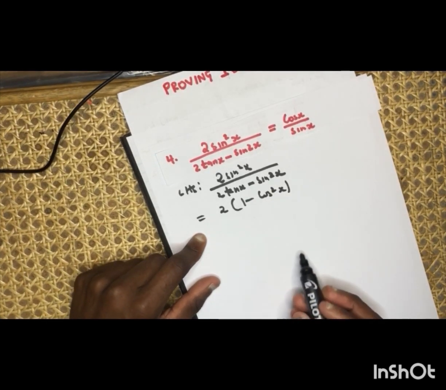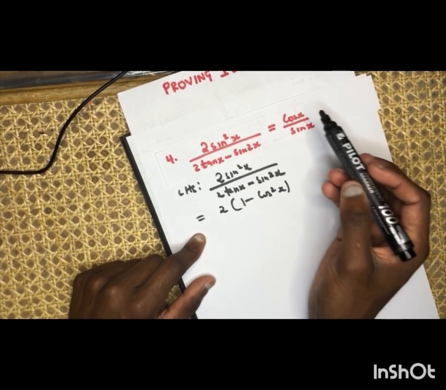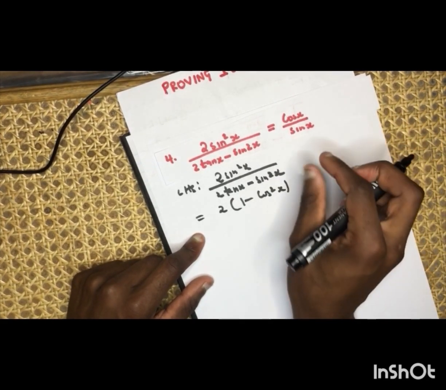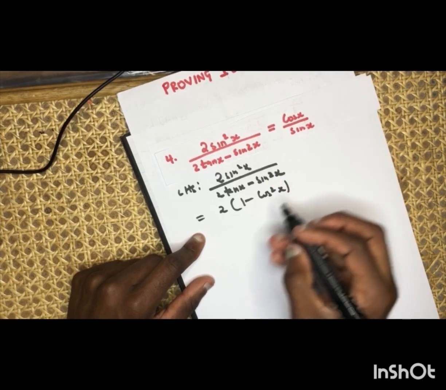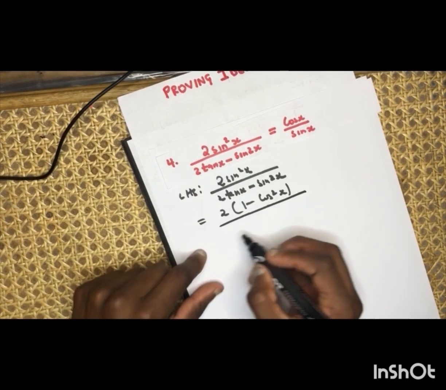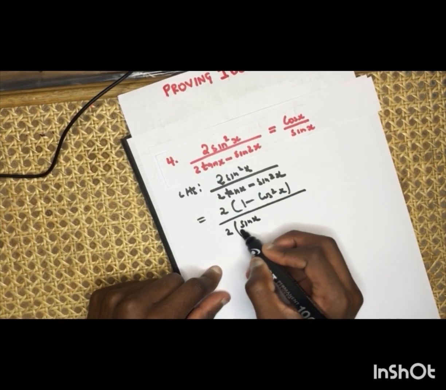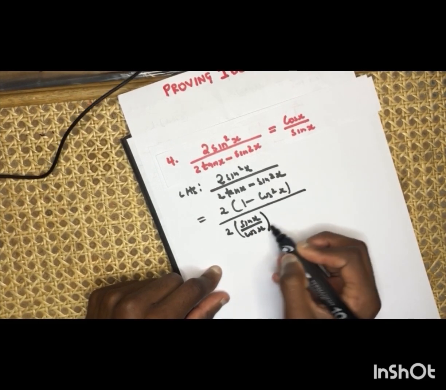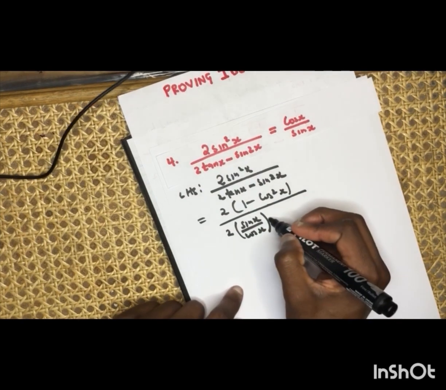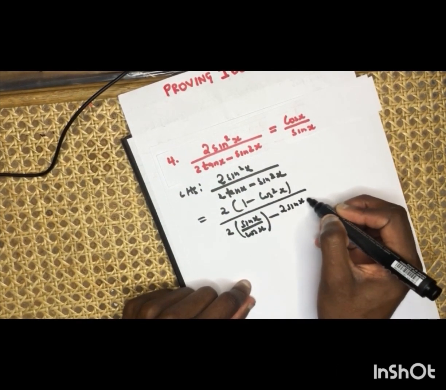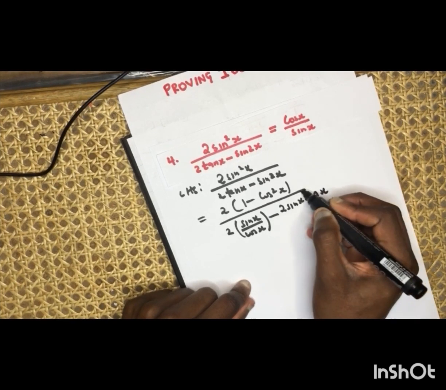Bear in mind, guys, we said that on the numerator we want everything in terms of cos, and on the denominator everything in terms of sine. So this is 2. Then we change tan to become sine x over cos x, because we don't need tan. Minus, this is your double angle, which is 2 sine x times cos x.